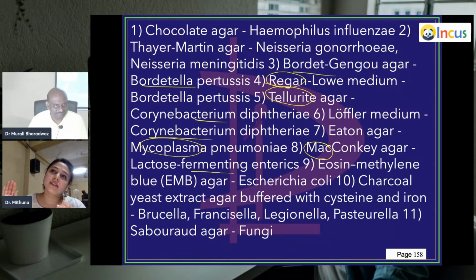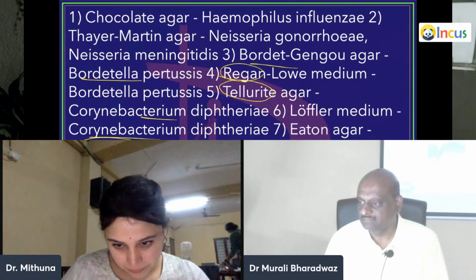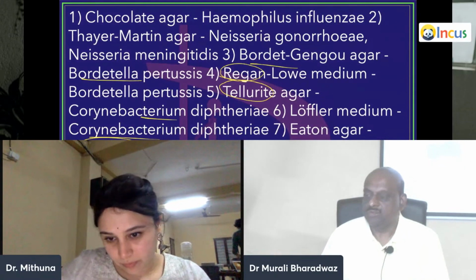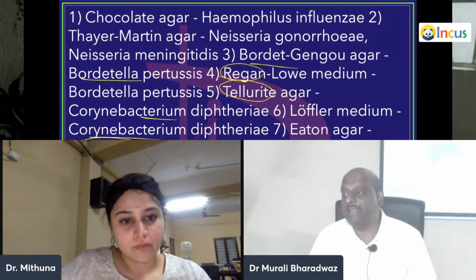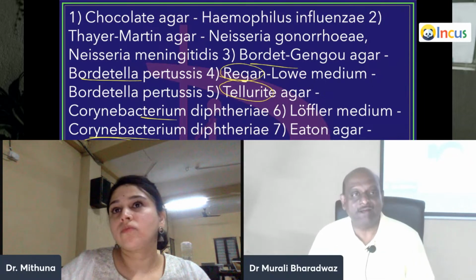At the last, for fungi we use Sabouraud agar. Then for TB, Lowenstein-Jensen is used. So that is one big ordeal to remember.